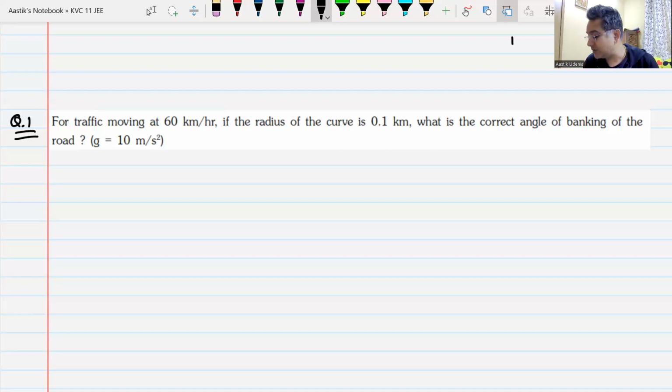Traffic moving at 60 kilometers per hour. If the radius of the curve is 0.1 kilometers, what is the correct angle of banking? How are you going to do this?